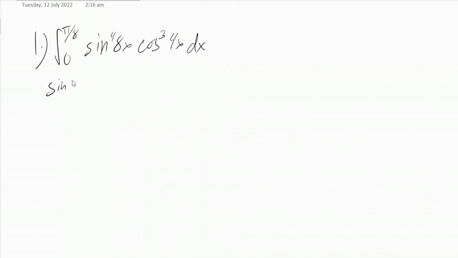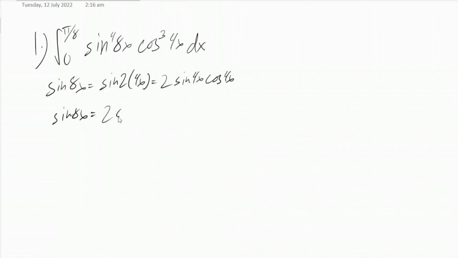Using trigonometric identities, sine 8x is equal to sine of 2 times 4x, which is also equal to 2 sine 4x cosine 4x. So this is what we're going to use.